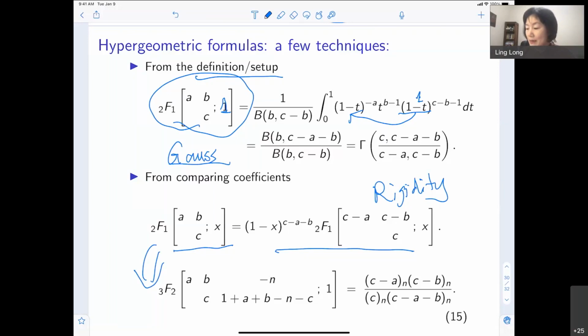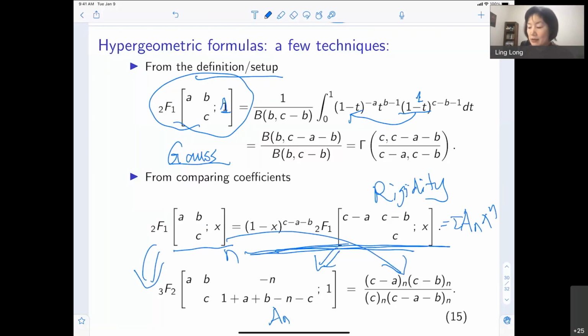So if I expand the coefficient on the right-hand side, I get this expression for the nth coefficient. So this is the nth coefficient here. And the nth coefficient on this side will be relatively simple, will be this expression.